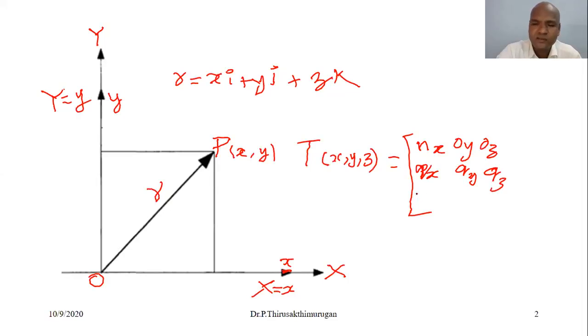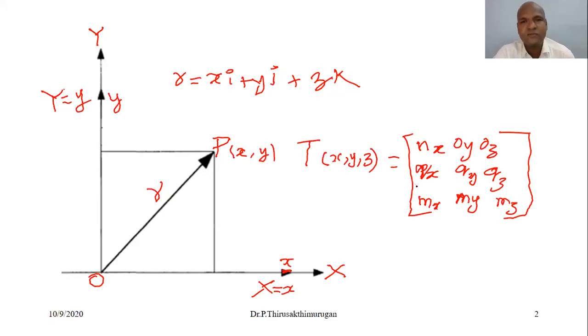Similarly, you can have another mx, my, mz. Okay, so we can represent the position with the transform matrix. Actually, the transform matrix consists of the position and orientation.